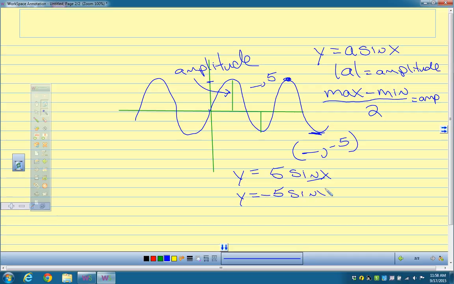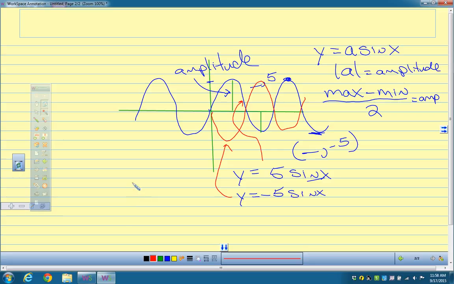You did this in your lab. What does that do to your graph? Flips it upside down. So y equals negative 5 sine of x is going to take it and flip it this way, right? Going to make it go like that. Who had a question? Brian? Okay. So that's the amplitude.